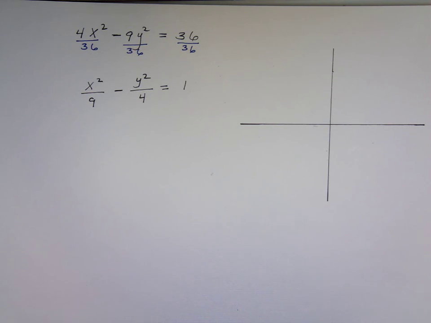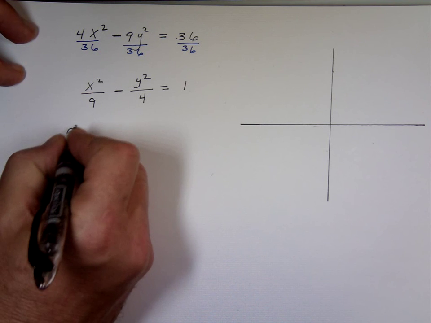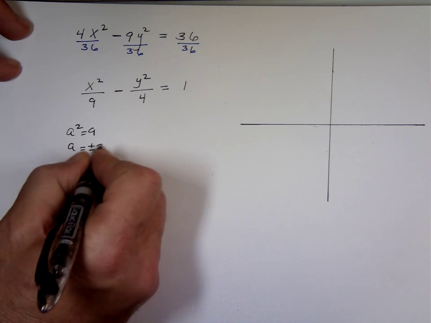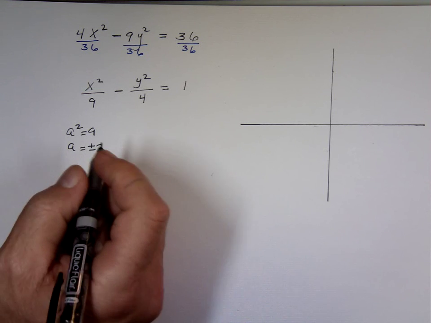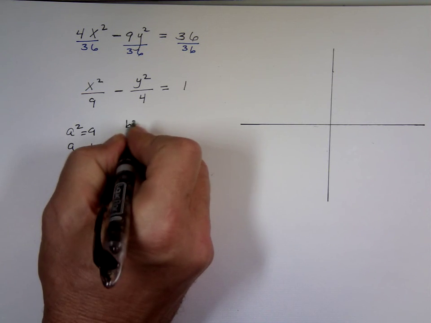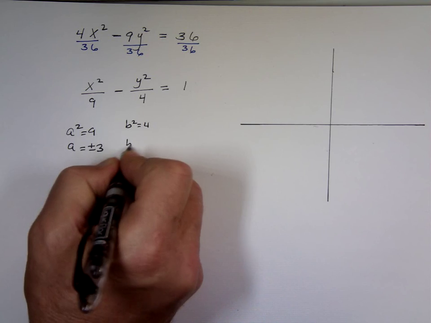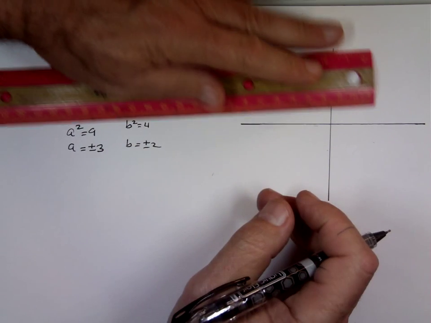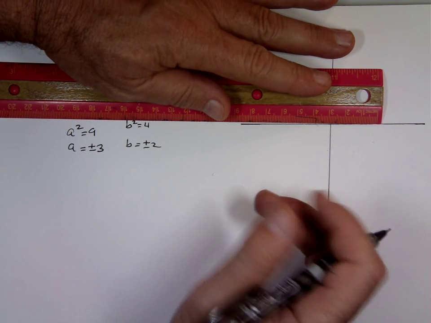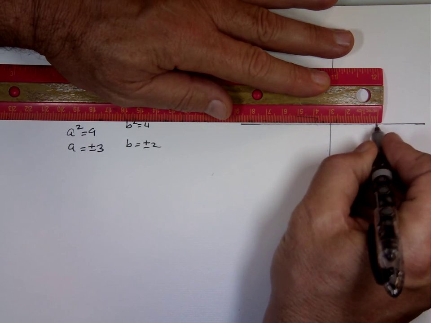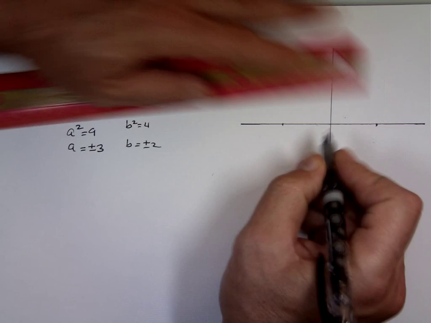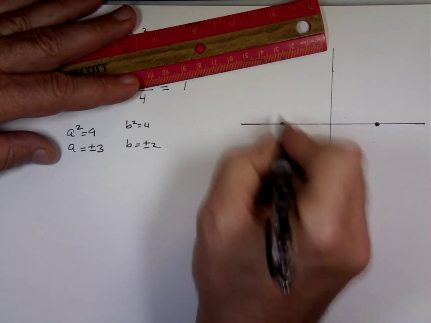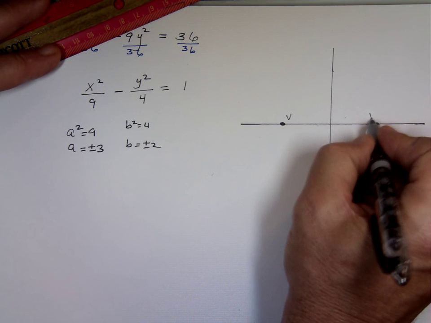So here we go. A squared equals 9. A equals plus or minus 3. B squared equals 4. B equals plus or minus 2. So that's where the vertex, at 3. There's the 3. 3 to the right, 3 to the left. So this will be what?